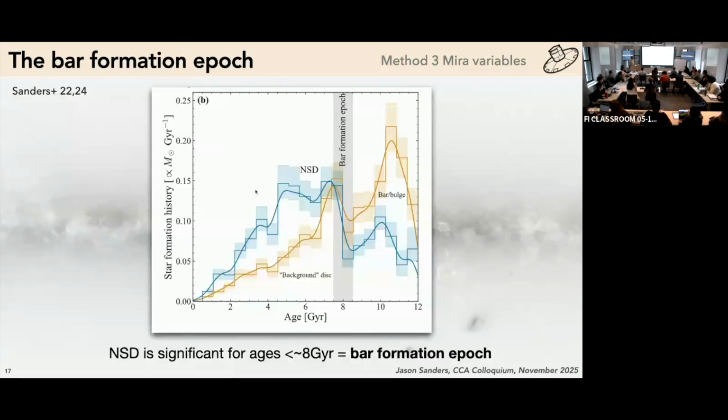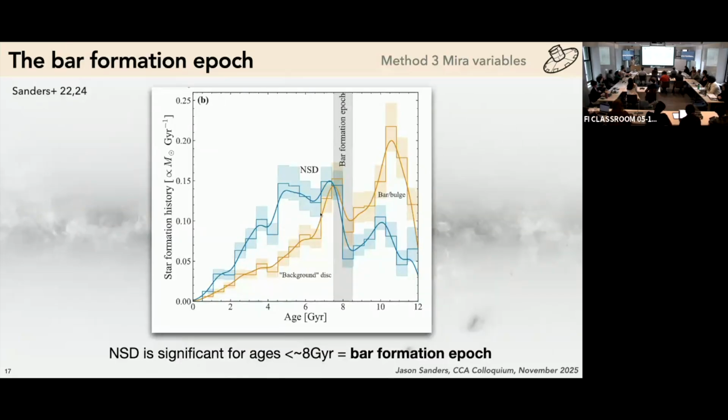Here's an attempt to take the weights in the proper motion distributions and work out the star formation history of both components. At very, very old ages in this region, the majority of the stars are associated with a bar-bulge component. But then as we go through this 8 billion year transition point, we go towards nuclear stellar disk dominance in this region.